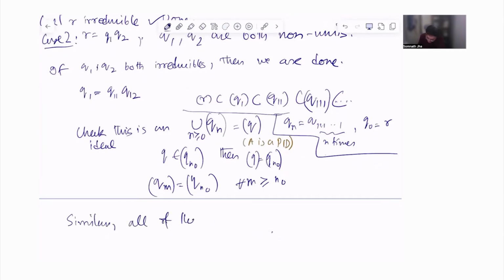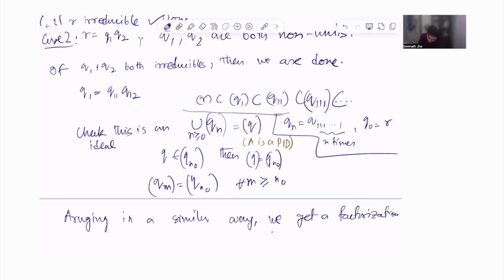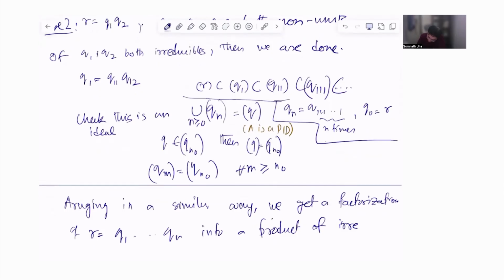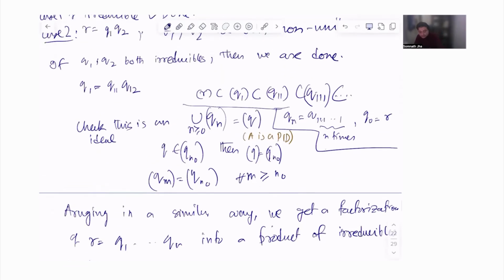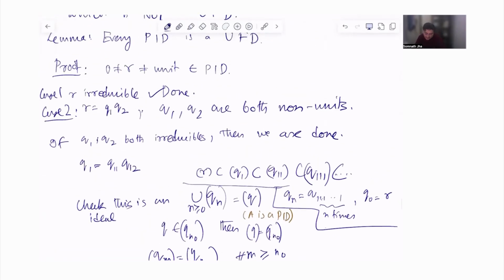So arguing in a similar way, we get a factorization of R equal to Q1 through Qn, a product of irreducibles in A.